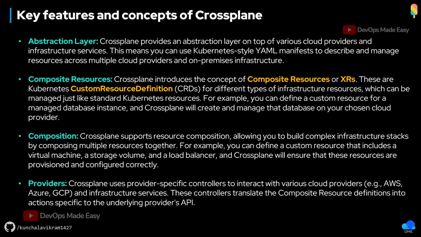Also, using Crossplane, you can deploy multiple resources at once, like an EC2 instance, VPC, a lot of things like load balancers together using a single YAML file, which we call a composition. So you can deploy individual resources, or else you can deploy a composition, which is basically multiple resources deployed together.